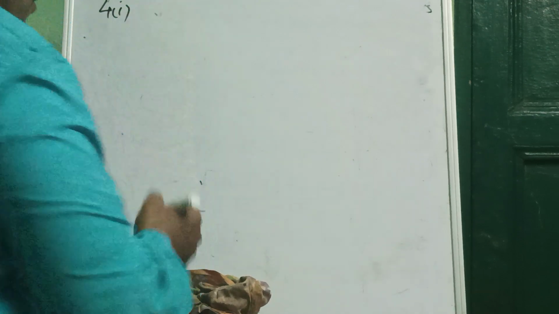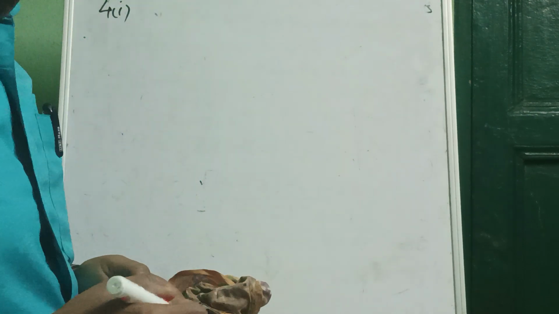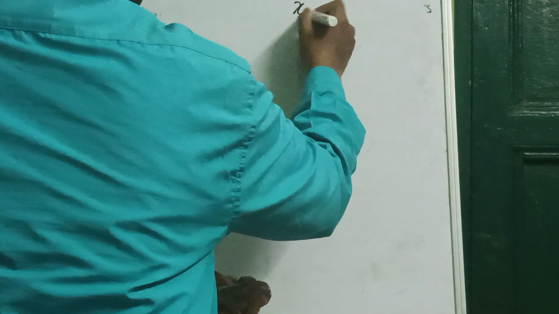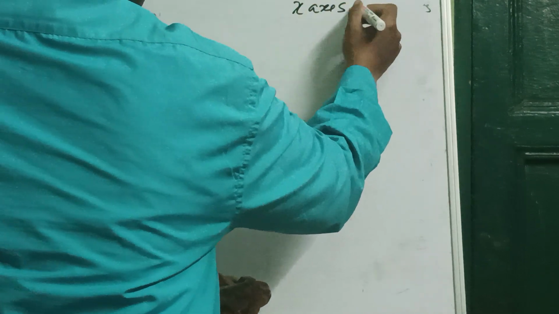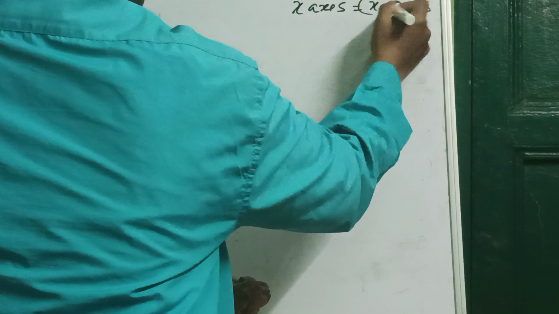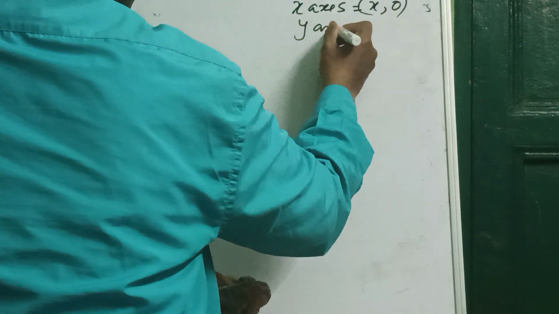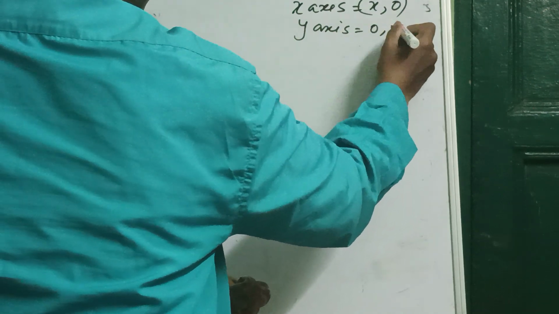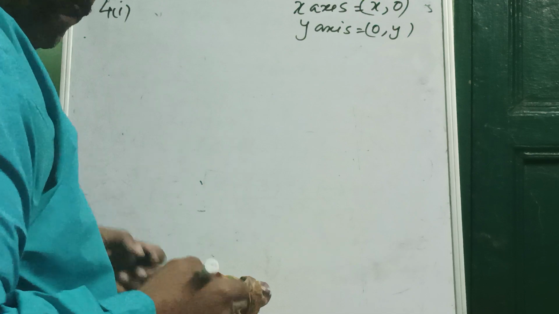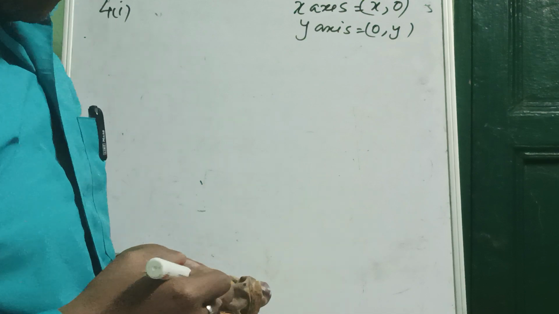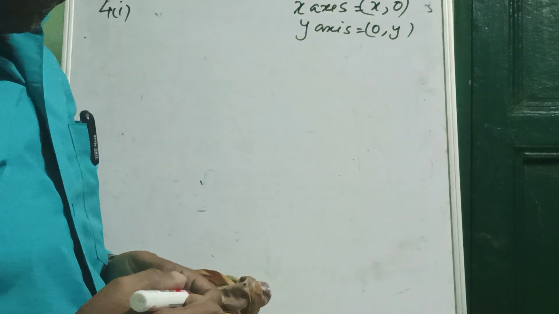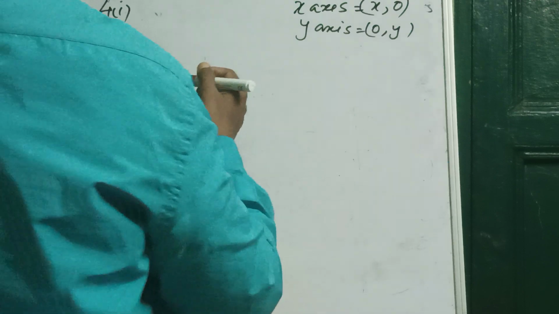First of all, x-axis means x comma 0. If it is y-axis, then 0 comma y. The question here is find the points on the x-axis at a distance 5 units from the point 5 comma minus 4.